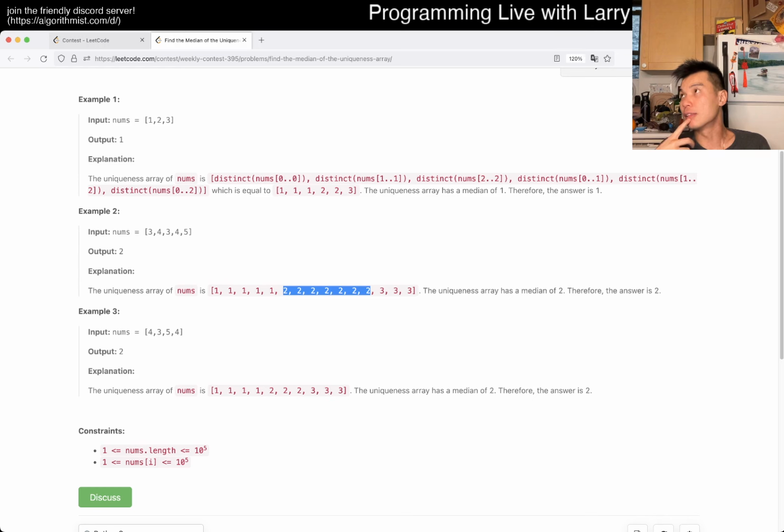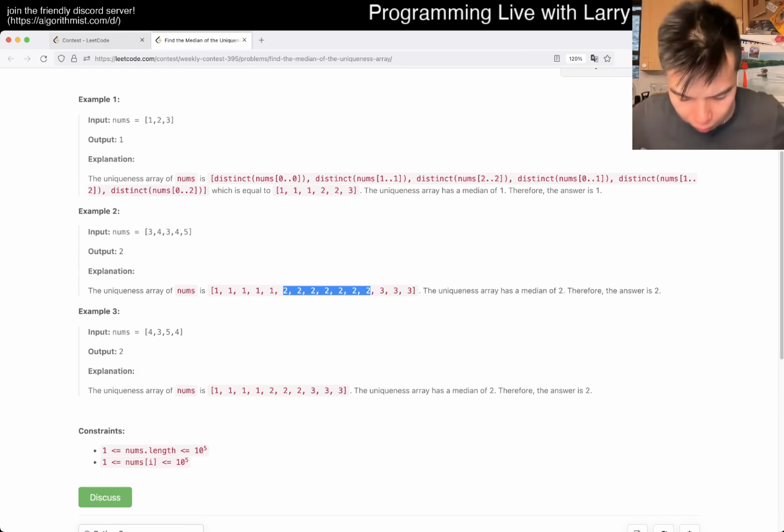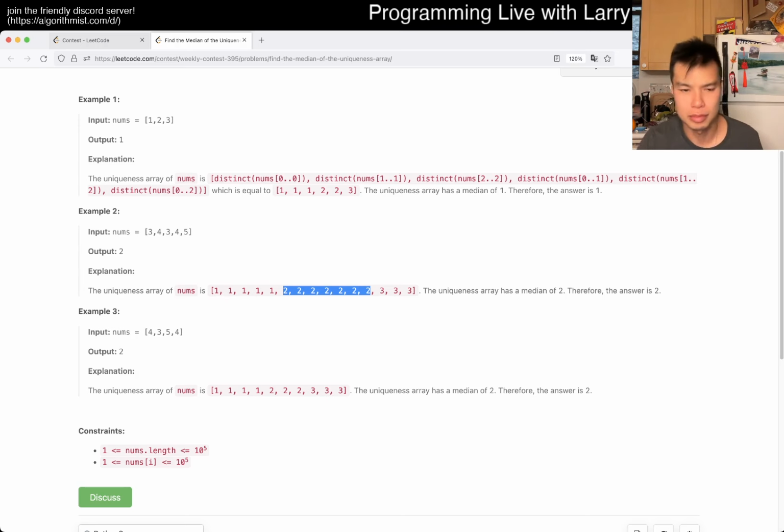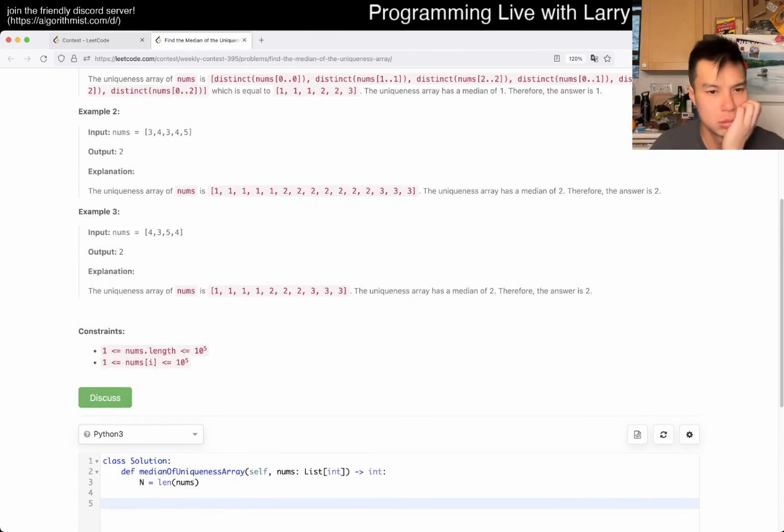So then the median of that is n times n minus 1 over 4. Let's say we have 10 to the 5 items. What does that mean? Unique items. That is the upper bound of the answer, right? Okay, so okay.